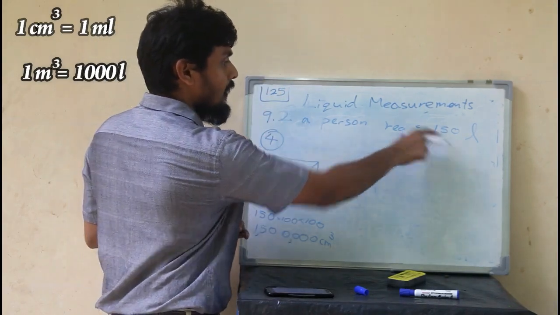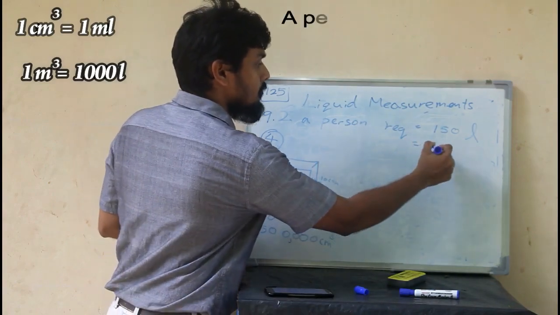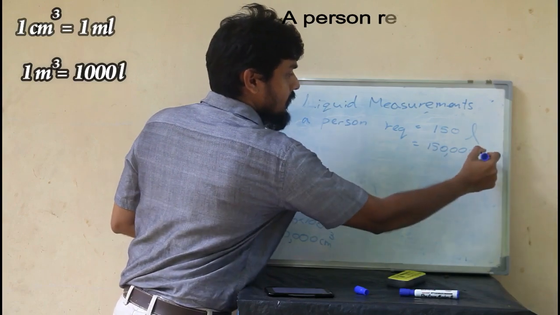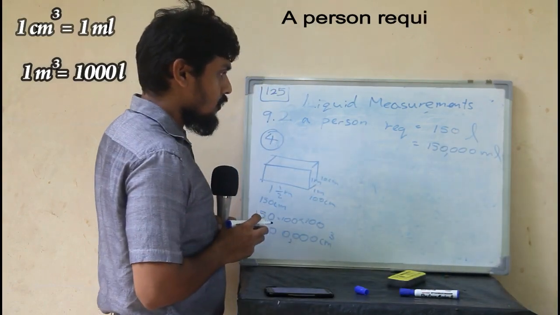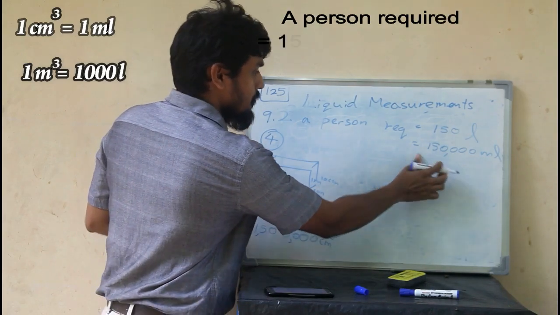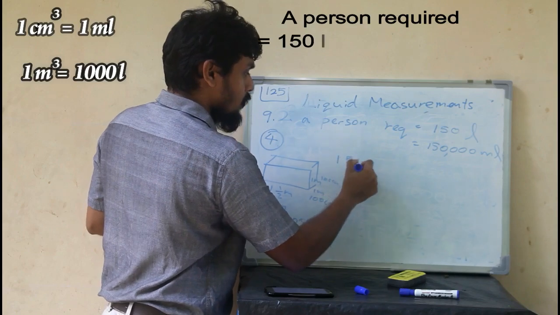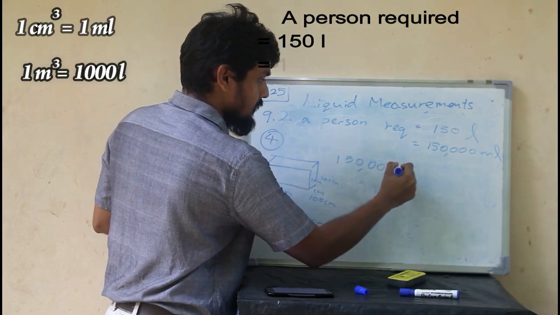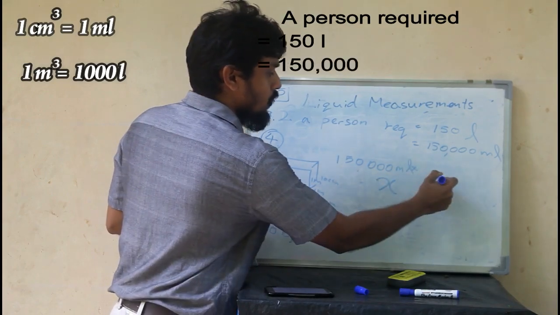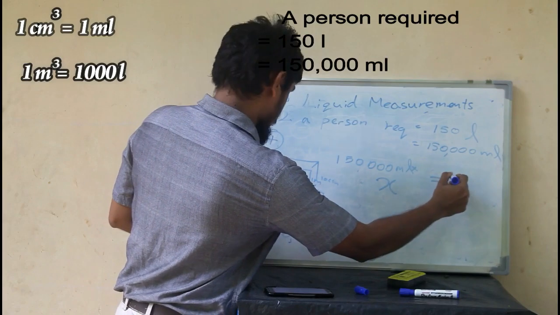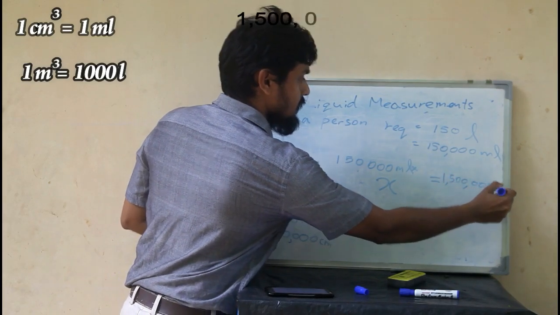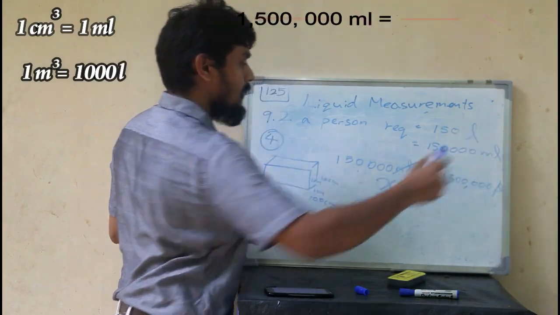A person requires 150 liters, which means 150,000 milliliters. Cubic centimeters also mean milliliters. So you can write 150,000 milliliters into x equals 1,500,000 milliliters. The milliliters you can cut out.